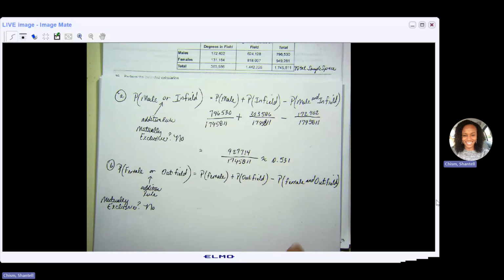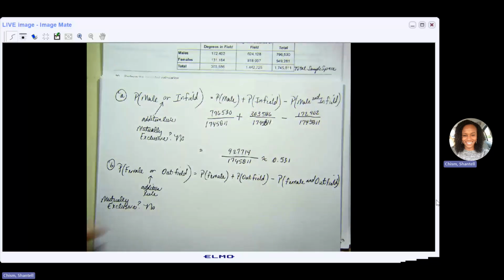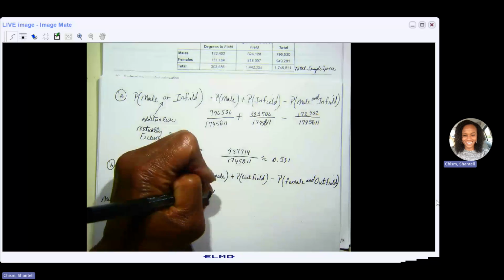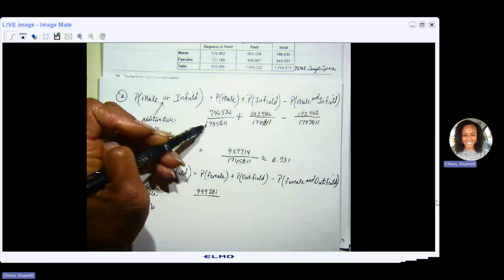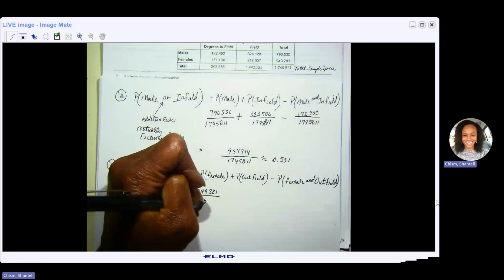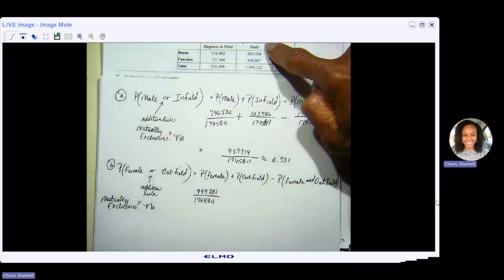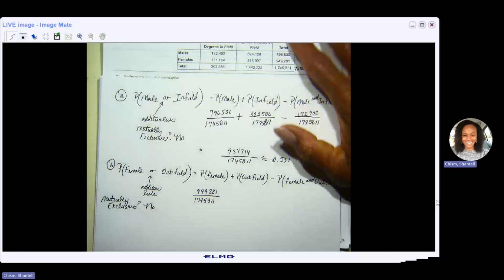Now this is female in general, regardless of the degree that they earn, just females in general. Total females is 949,281. And that is still out of that same sample space, 1,745,811. Then we look at degree outside of field.